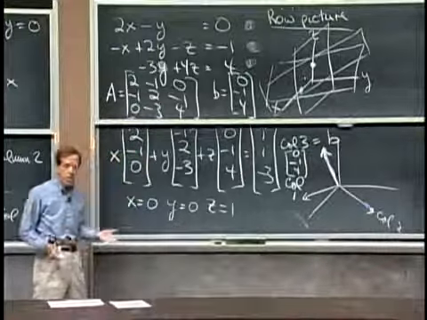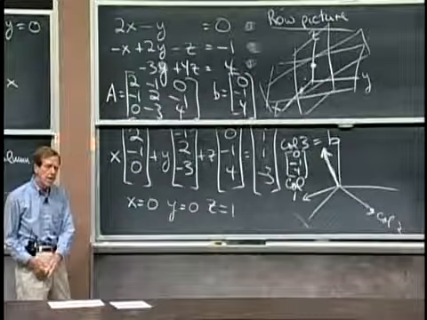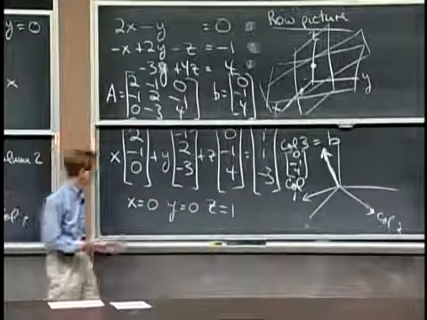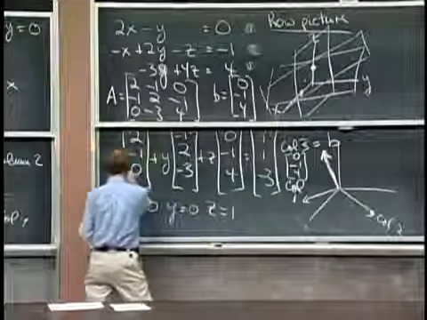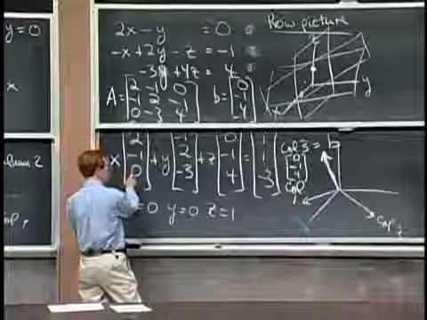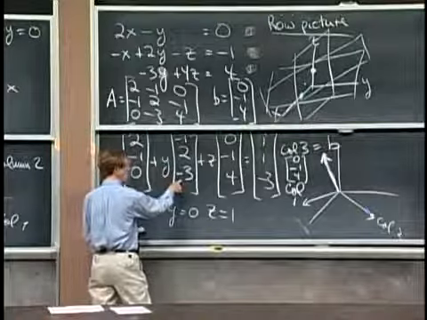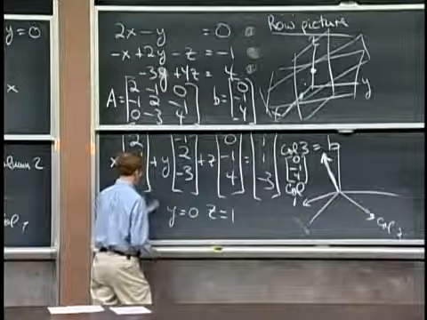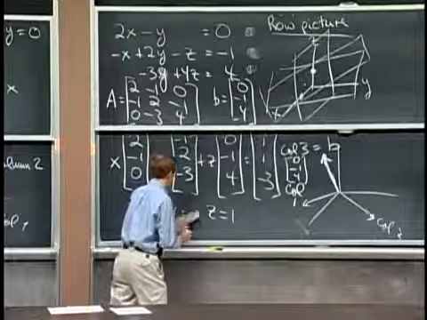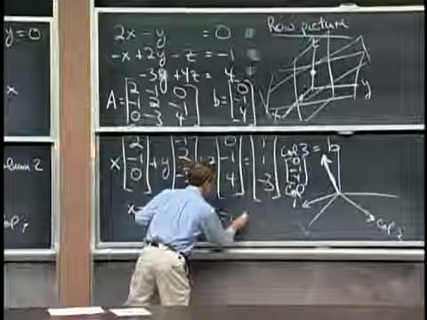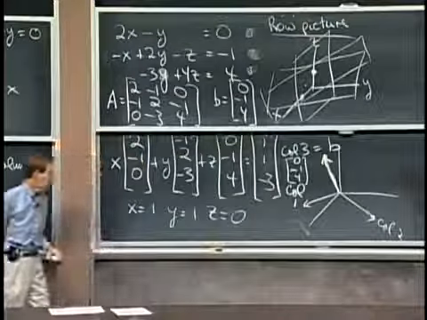Now, what's the solution with this new right-hand side? The solution with this new right-hand side is clear. I took one of these, and none of those. So it just changed around to this when I took this new right-hand side. Okay.